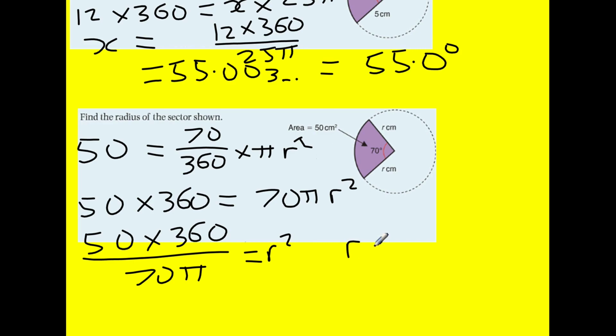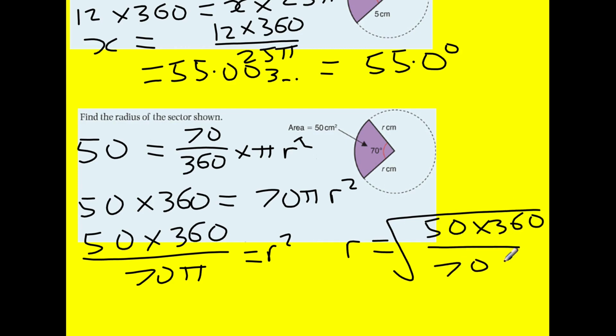The only extra bit is that we know we've got r squared, so to work out what r is, I need to do the square root of all of this. 50 times 360 over 70 pi, and we can just use our calculator at this point. You can press the square root button, you can press the fraction button, it deals with it.